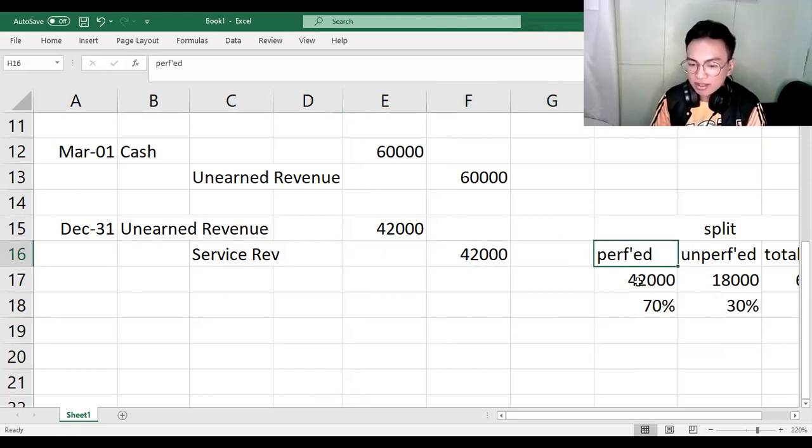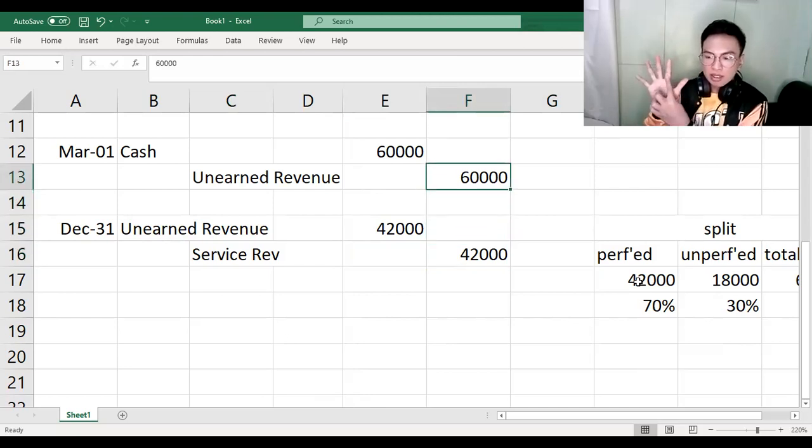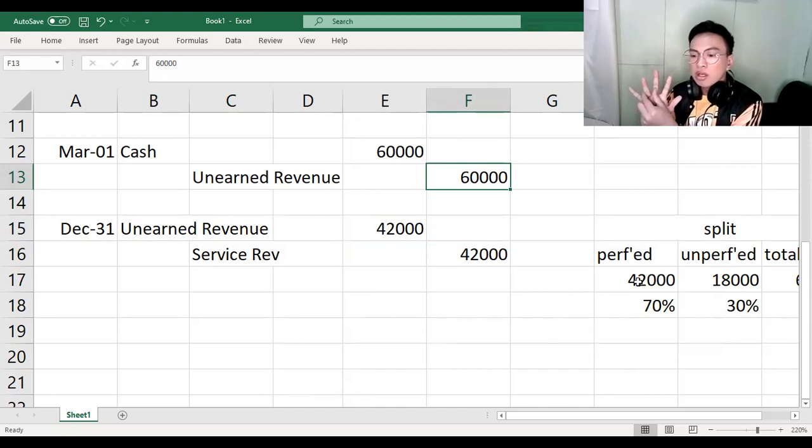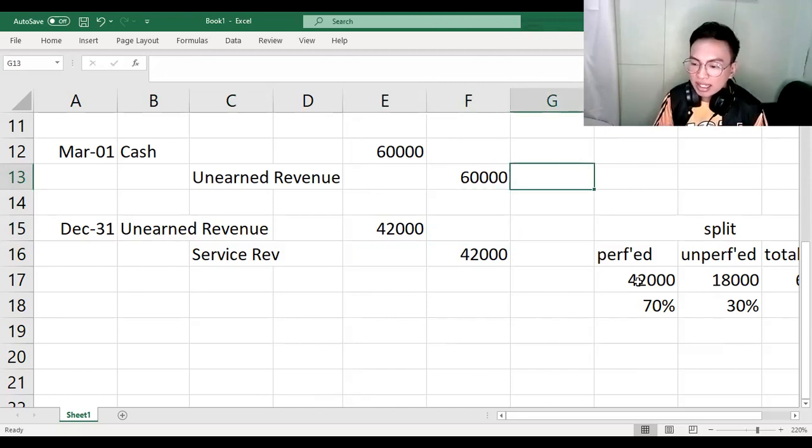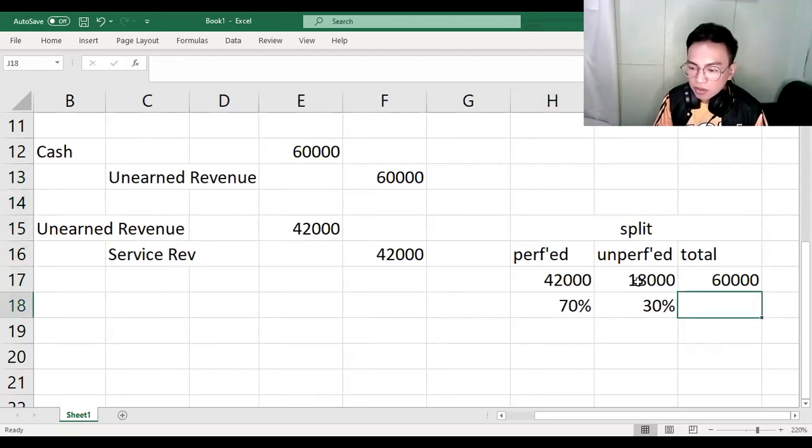Let's check ulit. We have an unearned revenue credited yan, on March 1 for 60,000 pesos. And sabi sa December 31, naka-earn na tayo or naka-perform na tayo ng service, which will be our service revenue for 42,000. Check natin kung ang unperformed talaga ay 18,000 or the remaining liability is magiging 18,000.